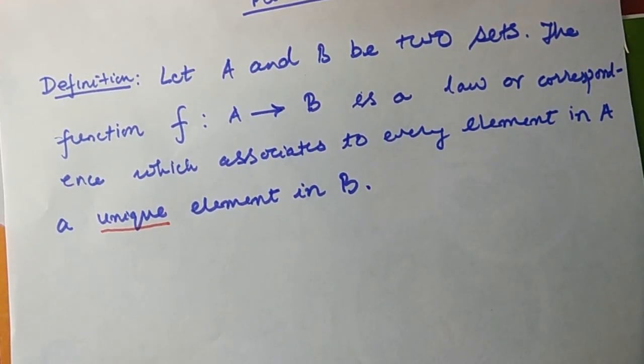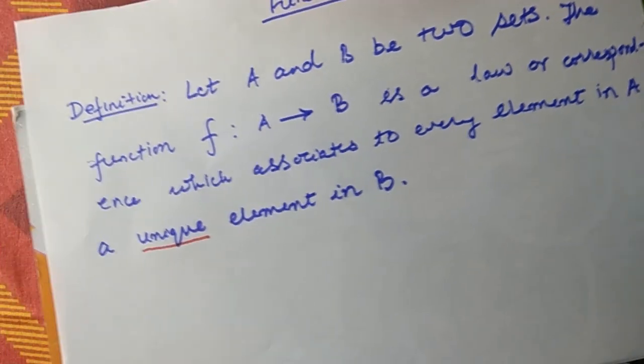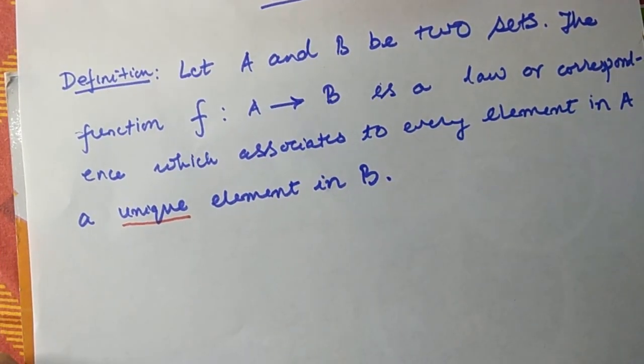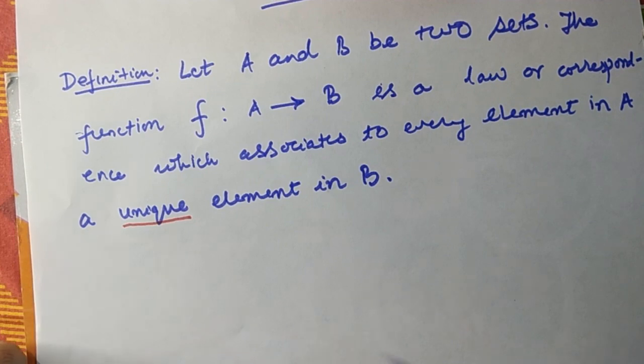The sets A and B can be perfectly general in nature. However, for our study, the sets A and B will be either the set of natural numbers or the set of real numbers or the set of complex numbers.